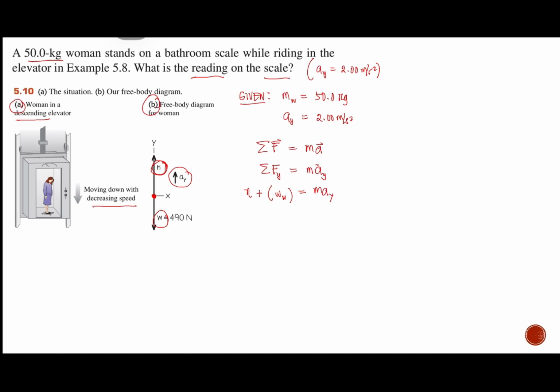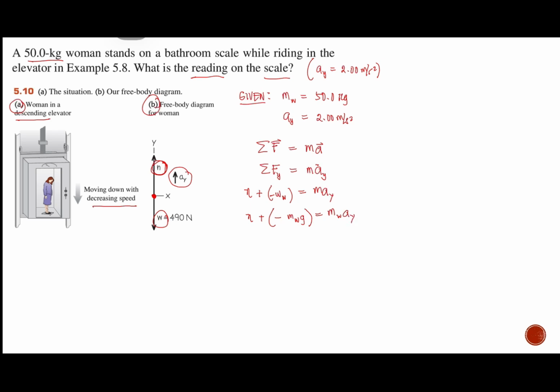Now, di ba, the formula for the weight is mass times gravity. So, normal force plus negative of the mass of the woman times gravity is equal to the mass of the woman times the acceleration along the y-axis.